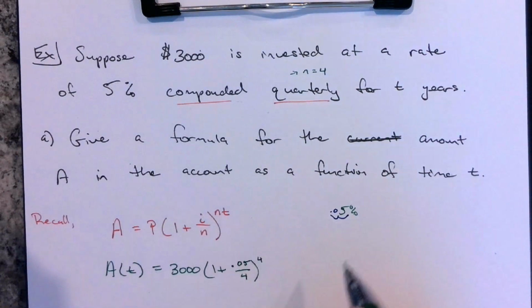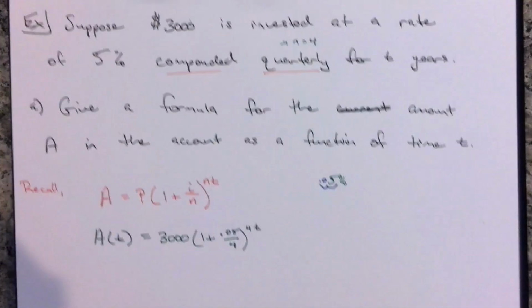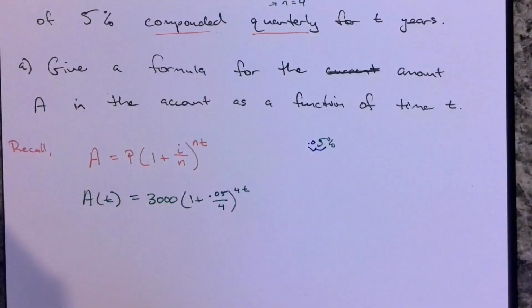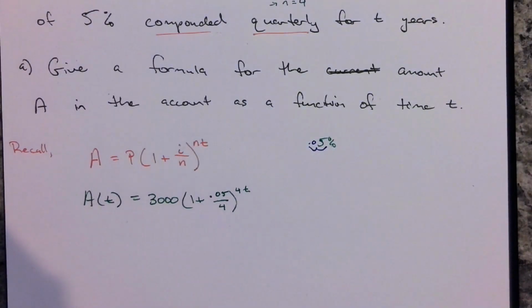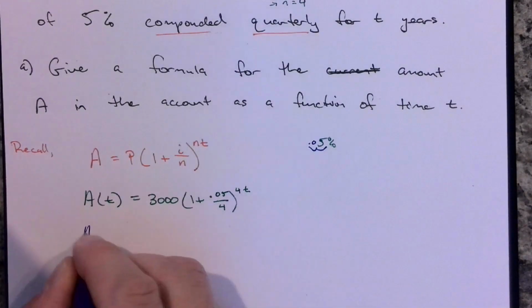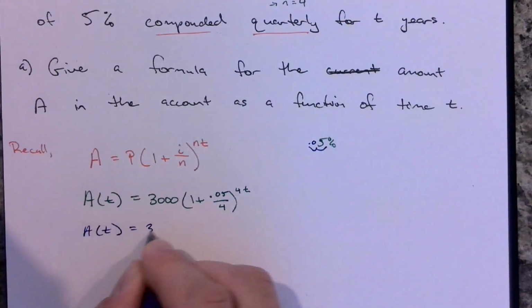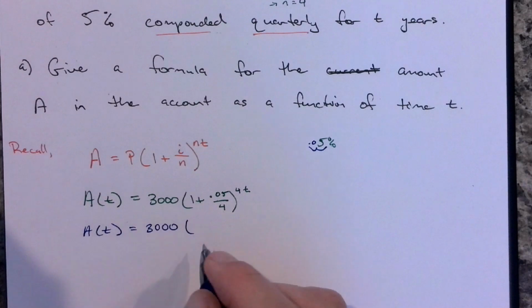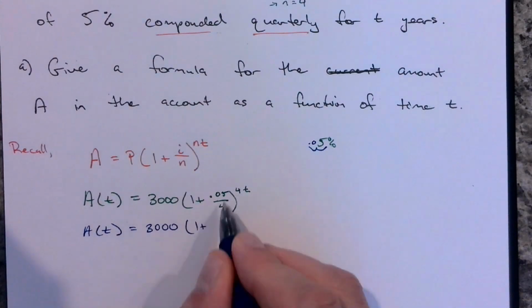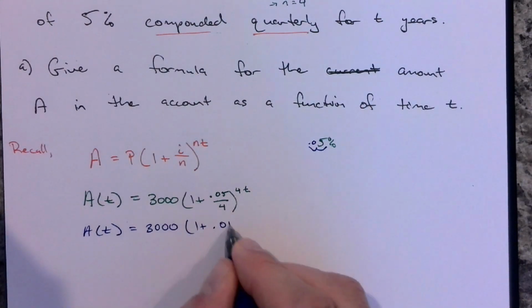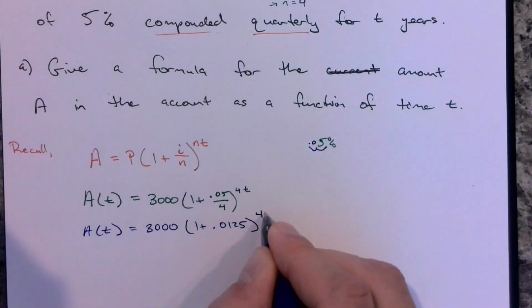Well, we don't know what t is. It's a function of time. So you're going to leave it as t. Don't substitute in for it. You want that t to be in there, right? This is A of t. You need a t in this formula. And simplifying, A of t is equal to 3,000 times 1 plus 0.05 divided by 4, which comes to 0.0125, all to the 4t power.